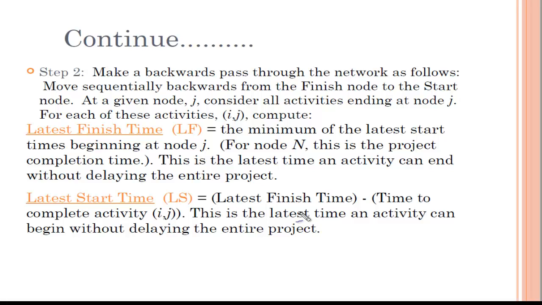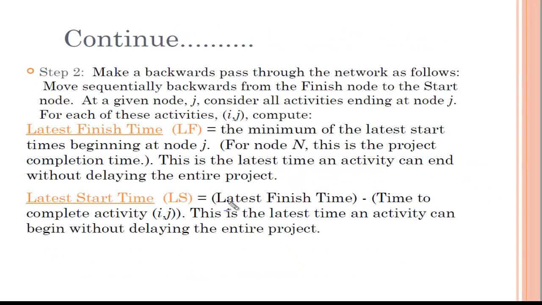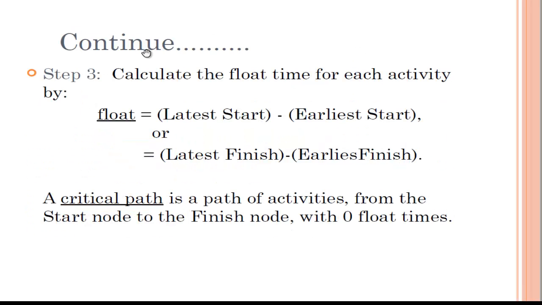Like you did plus before, where earliest start time plus time to complete is the finish time, here it is the reverse: the latest finish time minus the time to complete activity ij. This is the latest time an activity can begin without delaying the entire project. I know these two are not clear yet. This will be clear when we go through the examples.